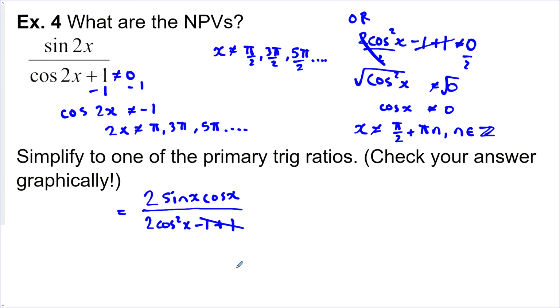Minus 1 plus 1 cancels. In this case, the 2's also cancel, so we're left with sine x cos x over cos squared x. And the cos cancels with 1 in the denominator, and we're just left with sine x over cos x, and that is tan x. And it's just a coincidence that it was the same as the last question.